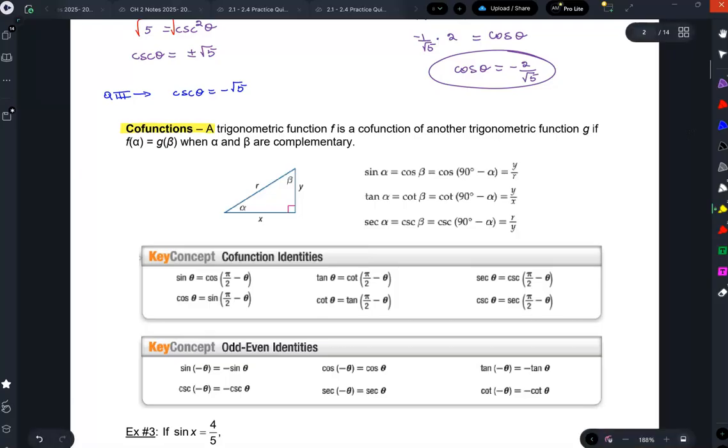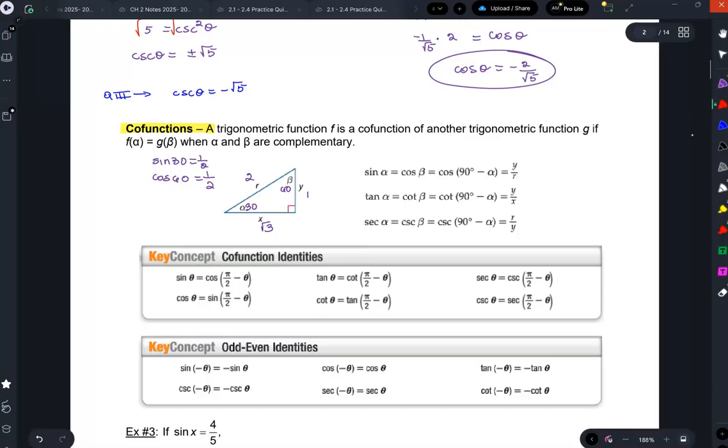Suppose this is 30 and this is 60. Then the sides are 1, root 3, and 2. Now, what's sine of 30? A half. What's cosine of 60? One half, right?